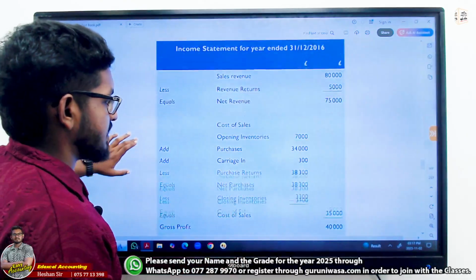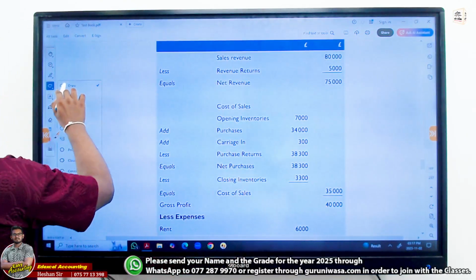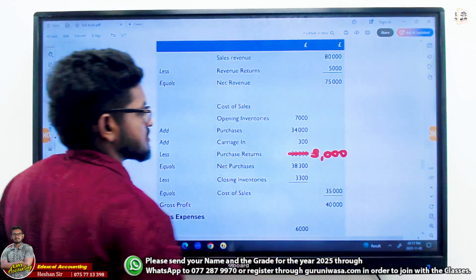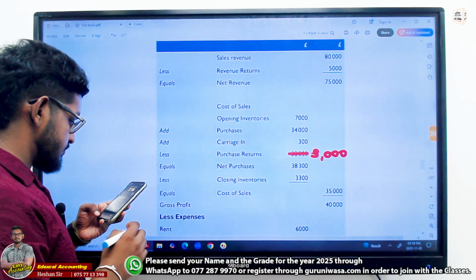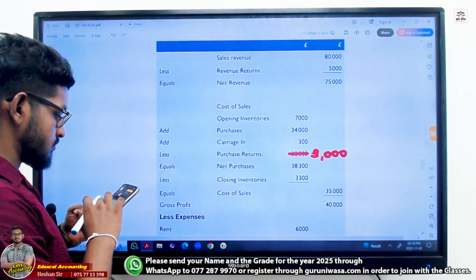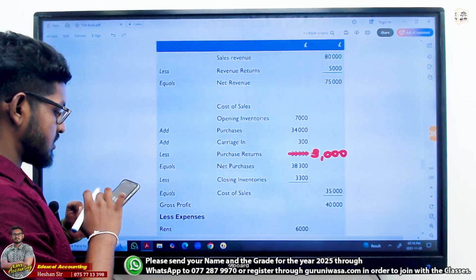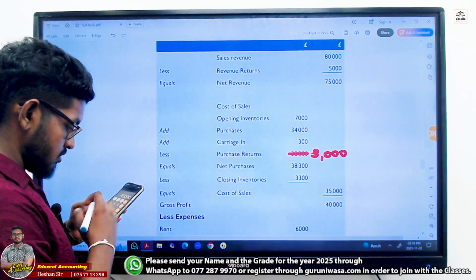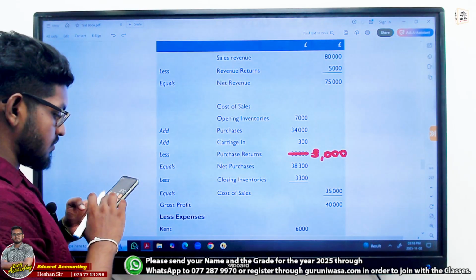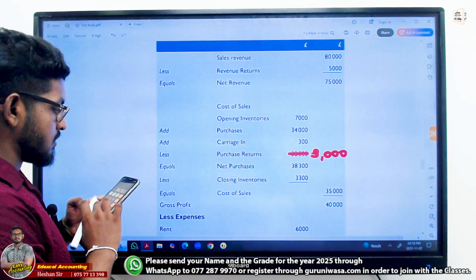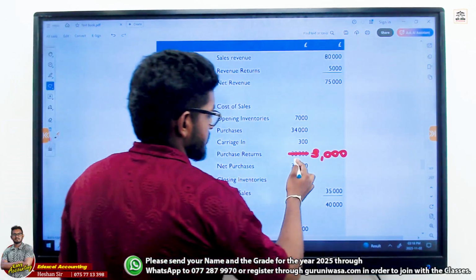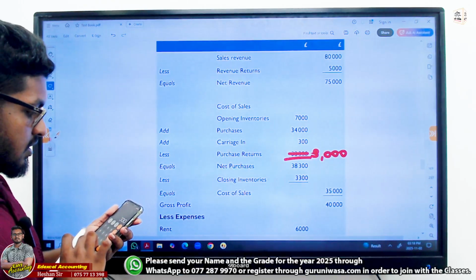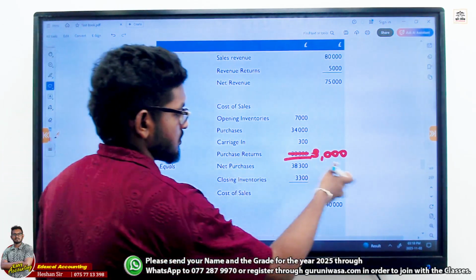There's a printing mistake here, just write purchase return 3,000 in your book. So 7,000 plus 34,000 plus 300 minus 3,000. This is the net purchases, then we get the cost of sales.